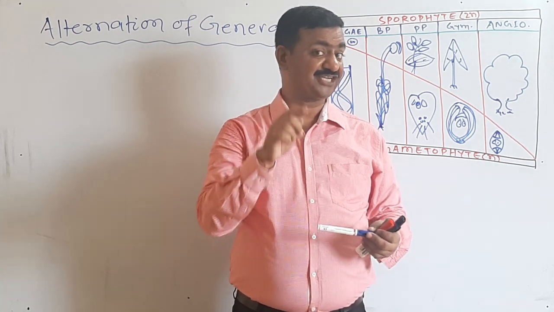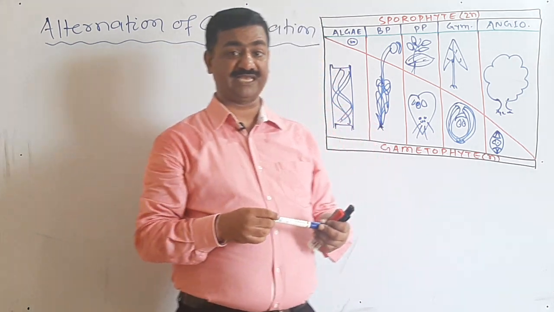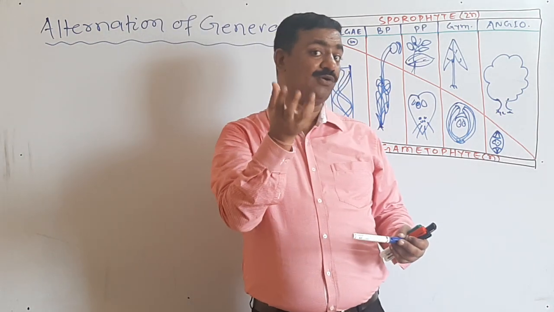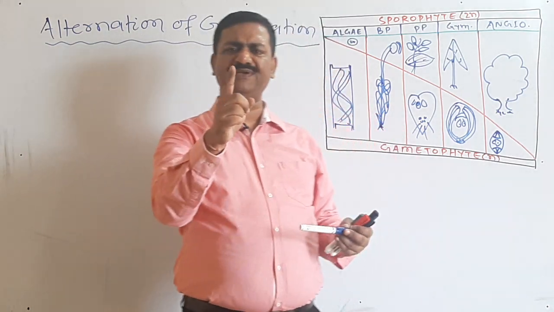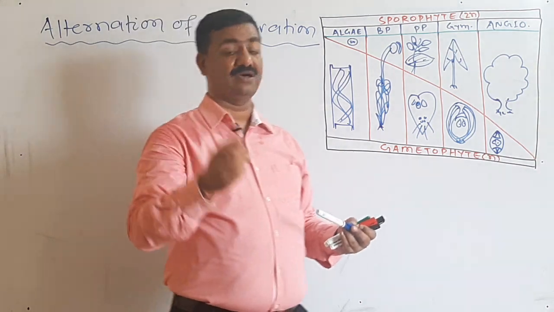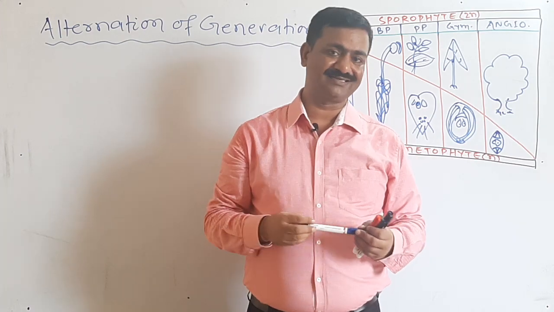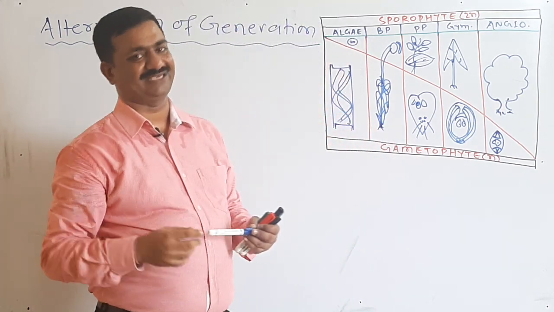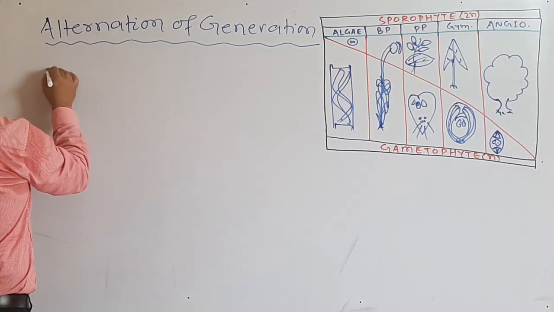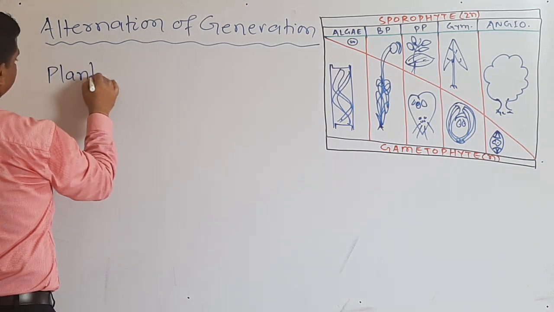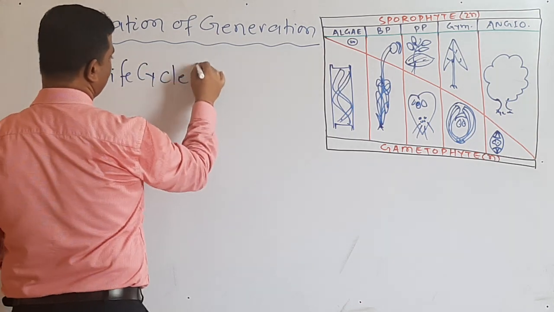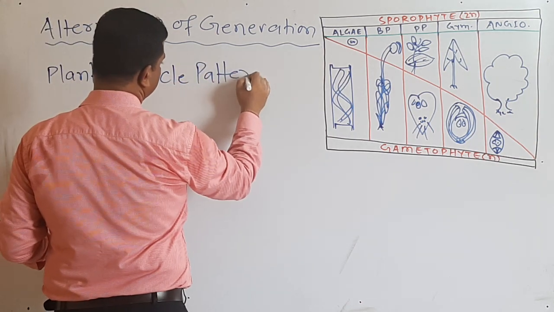This alternation of generation, or better to say this one-cell structure, the zygote, will decide the life cycle pattern of a plant. Either it will be haplontic, diplontic, or haplodiplontic. So we have the plant life cycle patterns.